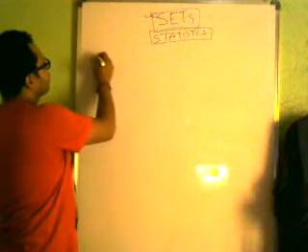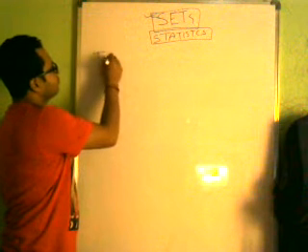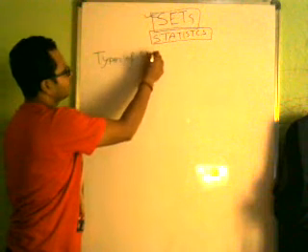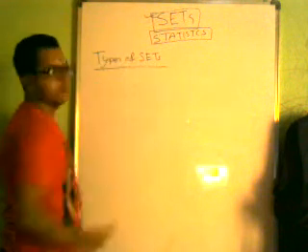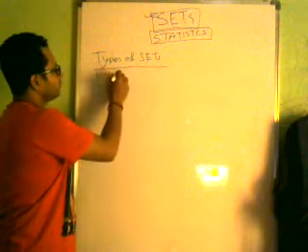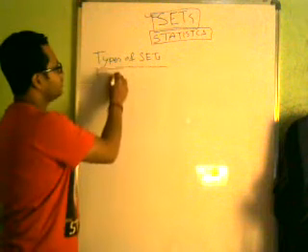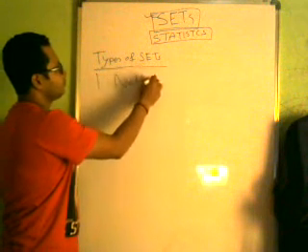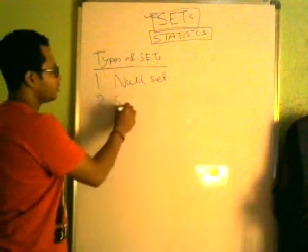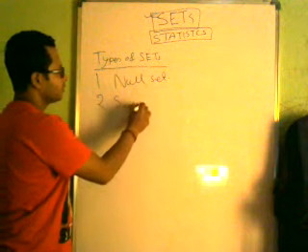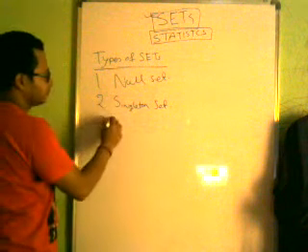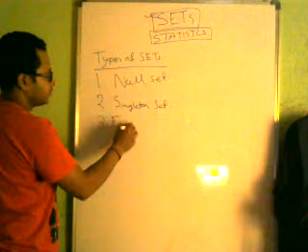Now we talk about types of sets. There are generally several types of sets. First, null set. Second one, singleton set. Third one, finite set.